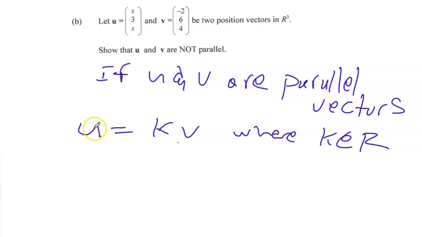Now we're told that u is equal to (s, 3, s), and we are told that v is (-2, 6, 4).